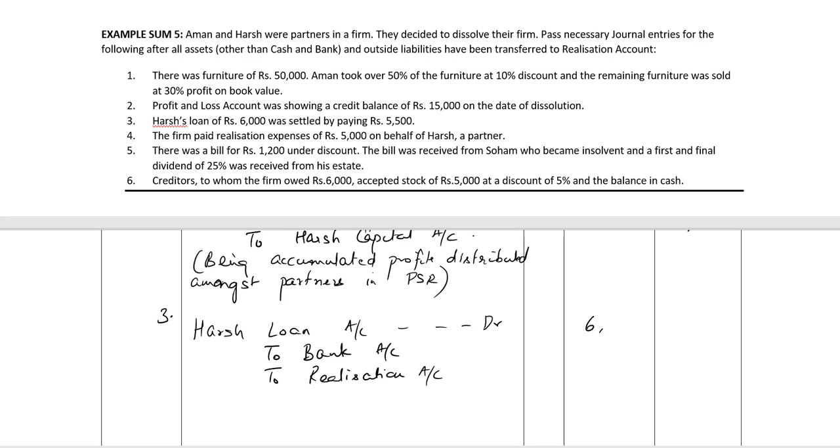The amount of Harsh's loan is 6,000 rupees. The firm is paying 5,500 rupees and there's a gain on realization 500 rupees. Narration, being Harsh's loan repaid.